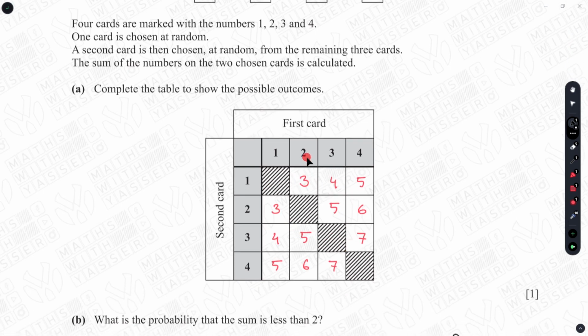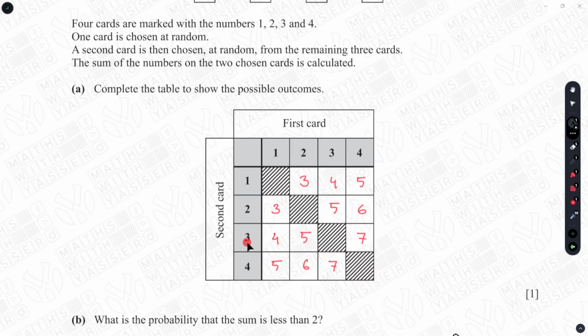Also, since it says that the sum of the 2 numbers on the 2 chosen cards is calculated, these are the results. So once we have picked the card with the number 1, the second card, if it is 2, then the sum will be 1 plus 2, which is 3.